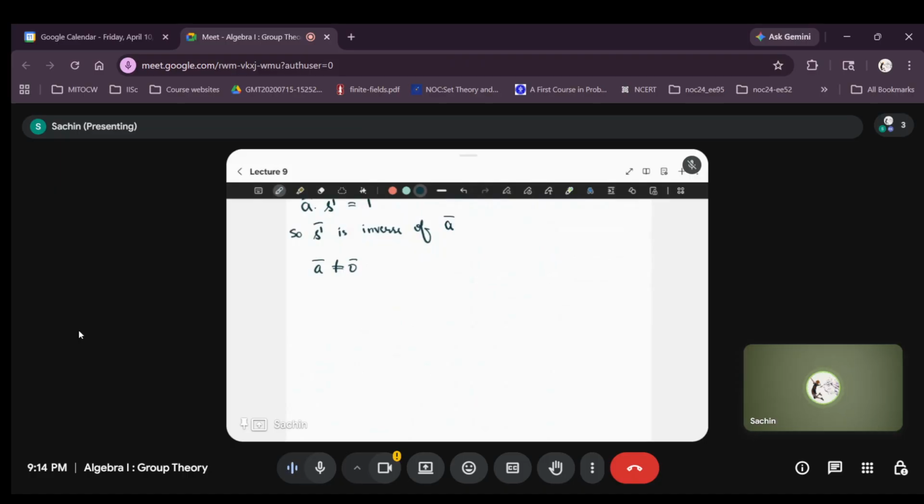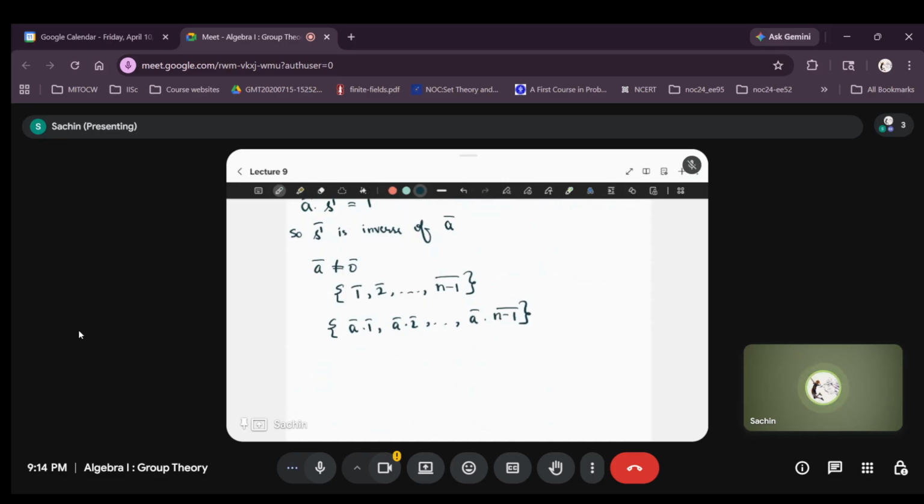Suppose you take a non-zero number, then you have this set, the set of one, two, etc., n minus one whole bar. Then you multiply each element by this a bar. So you get a bar into one bar, a bar into two bar, etc., a bar into n minus one whole bar.